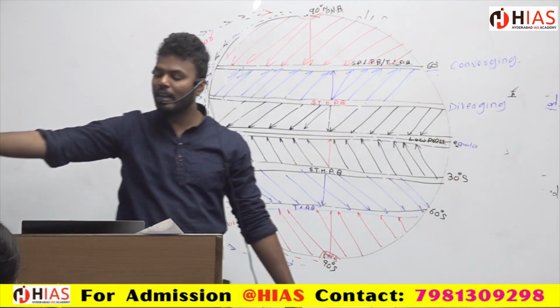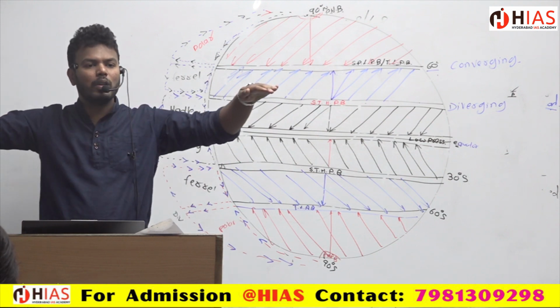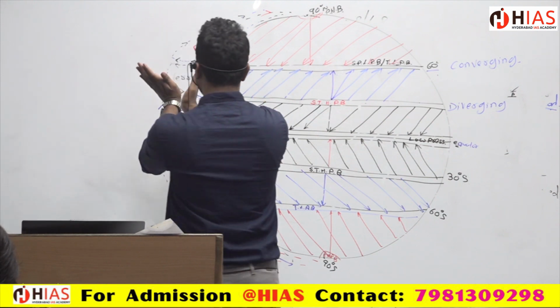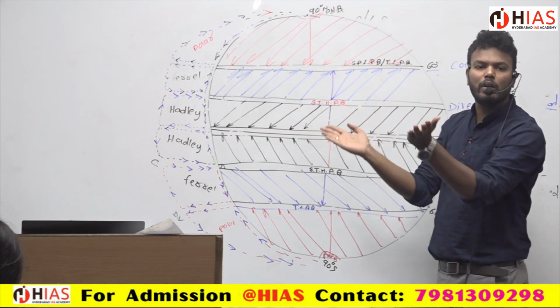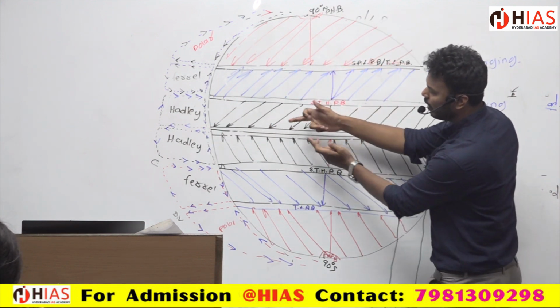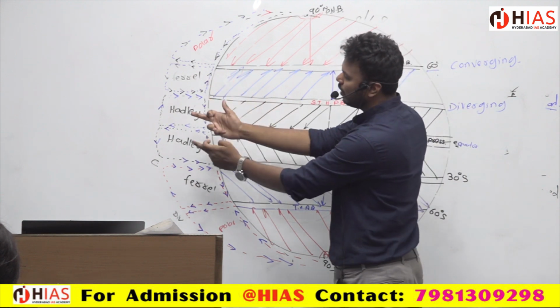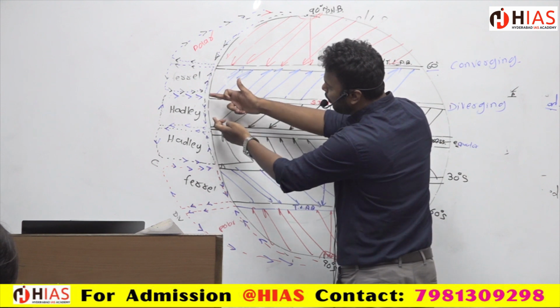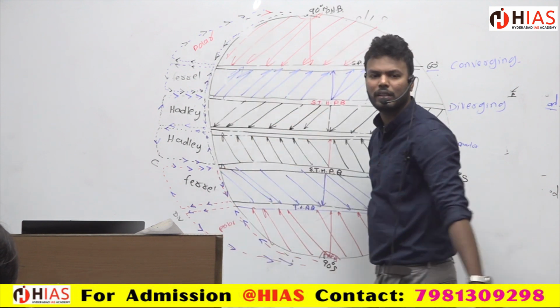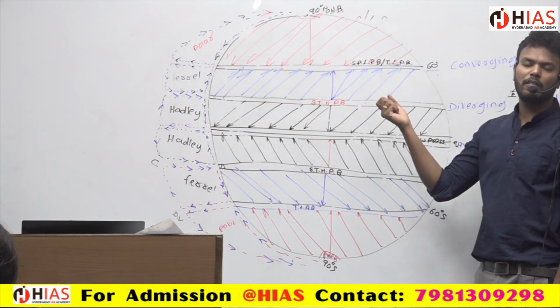While coming down, the earth is a wall, so they deviate again. As they go above, they divide into two wings, and while coming down also they divide into two wings. One wing comes this side, one wing goes that side. That is my answer for your question.